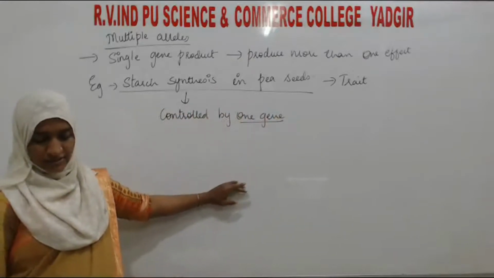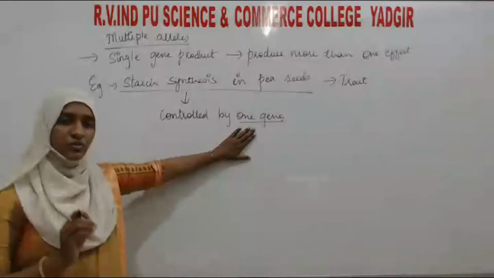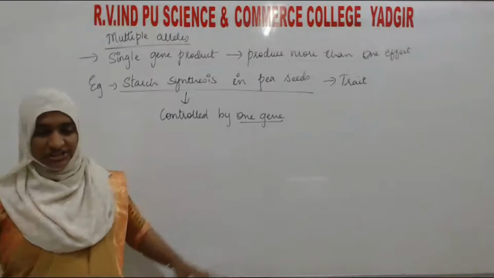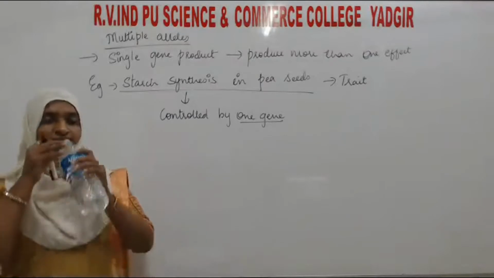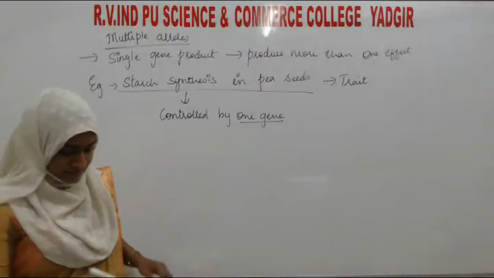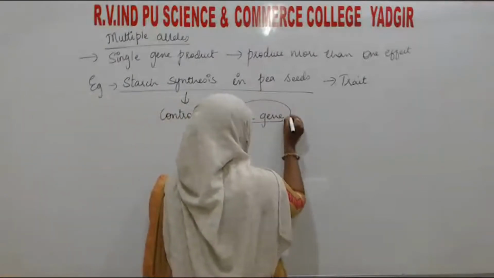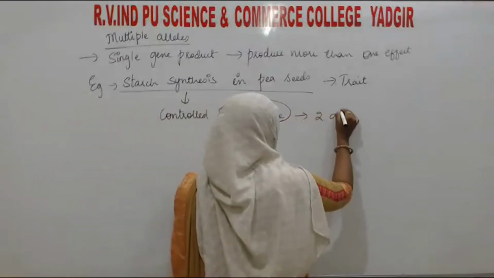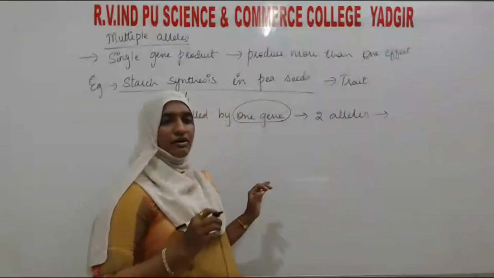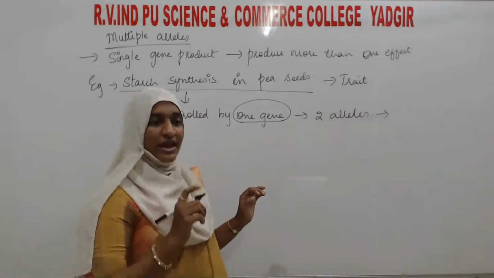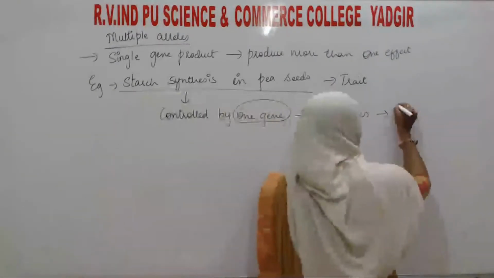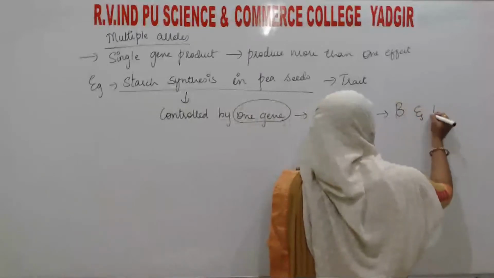The next thing, this one gene will have two alleles. Here we are going to represent them with capital B and small b.